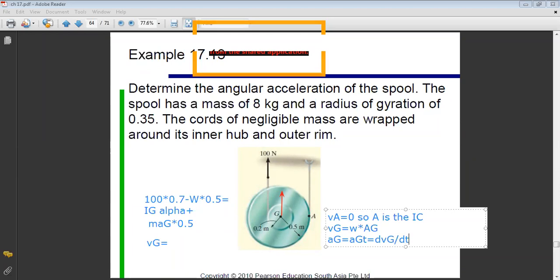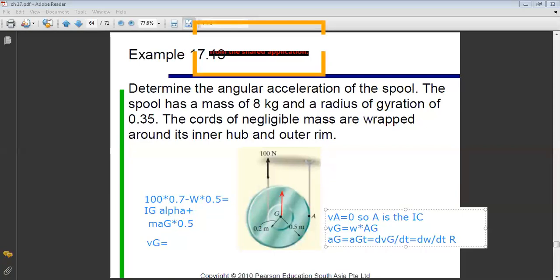If you derive VG with respect to time, AG is constant, and d omega by dt will give you alpha.